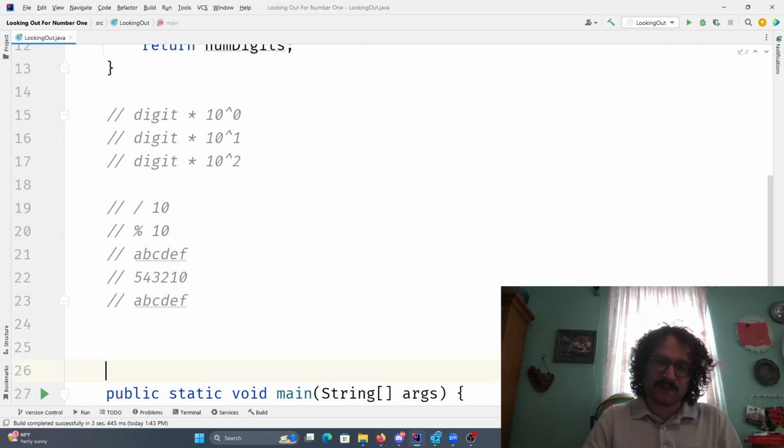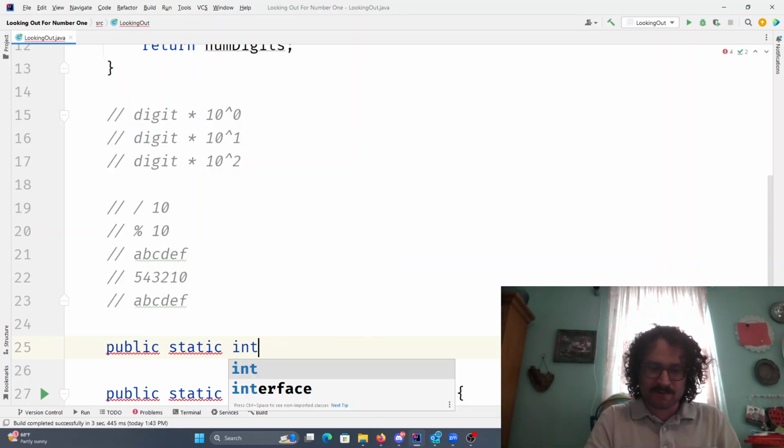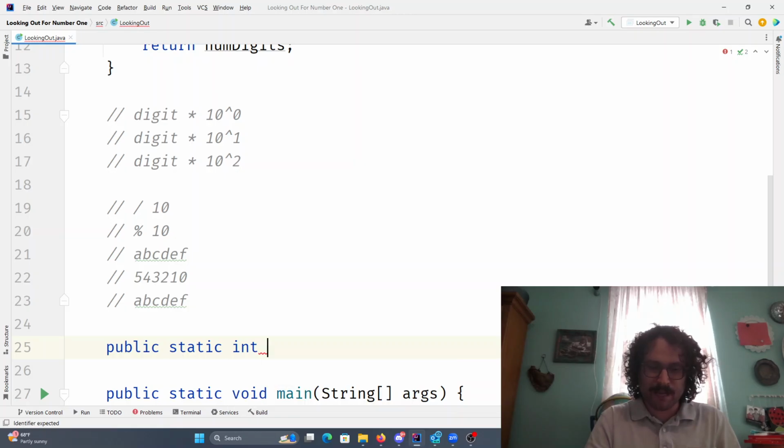Okay, so let's go ahead and get started. Public static int, we're going to be returning an integer again, and this is called nth digit back, with n and num, and those are both integers, int n, int num.